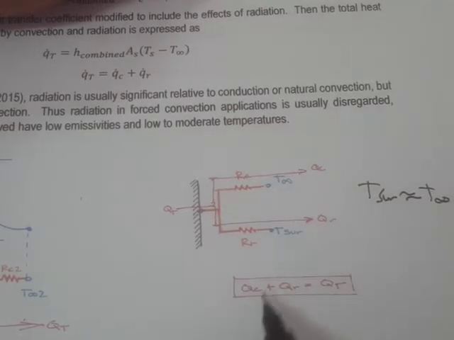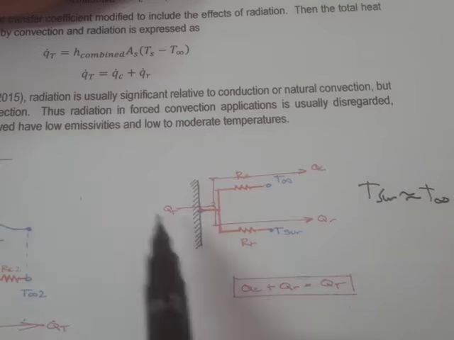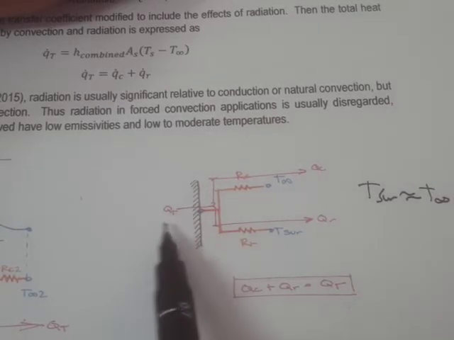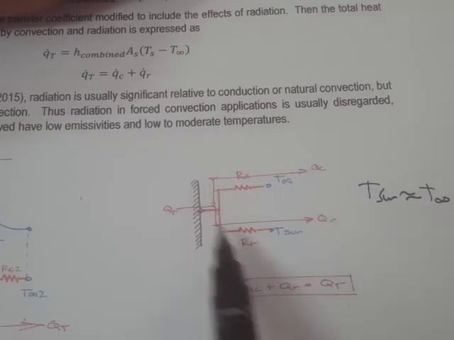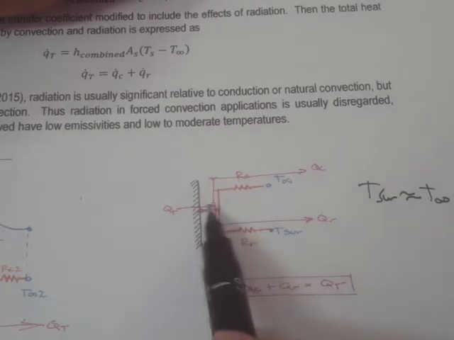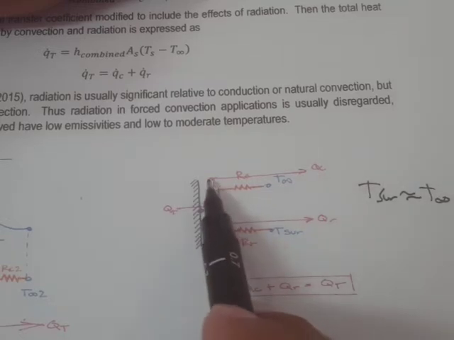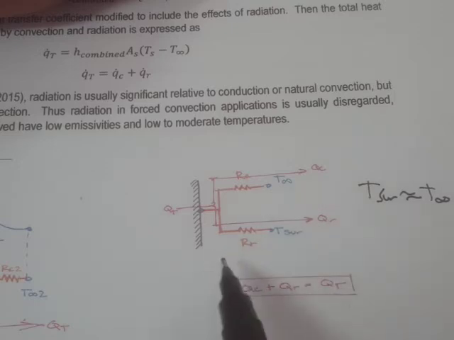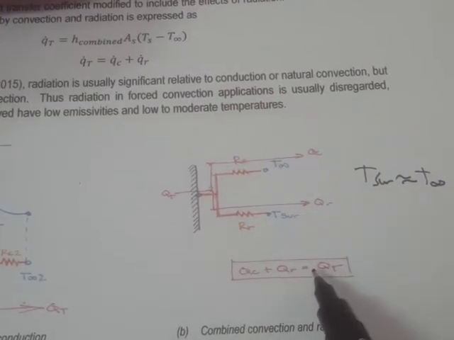In terms of the flow, this total flow is just being split up. One portion of heat flow would be contributed to the radiation, and another portion of heat flow would be contributed to the convection heat transfer. So that's why we have this relationship.